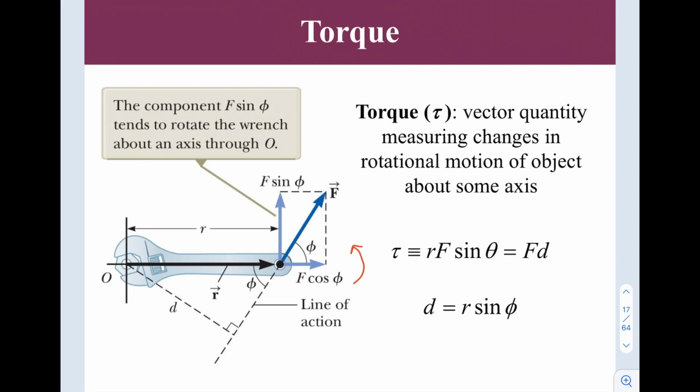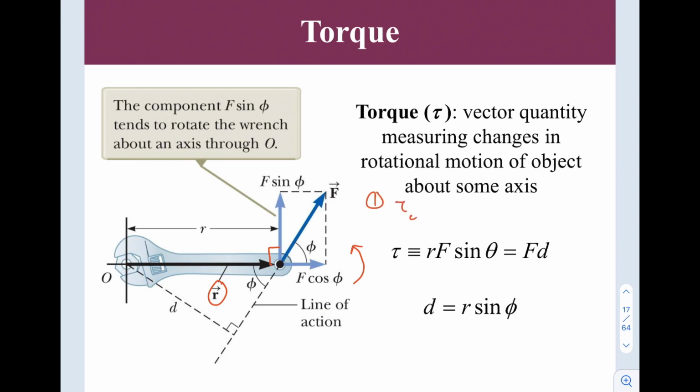To calculate the torque produced by the F applied to the wrench, you actually have two methods. Either you resolve the F into its components and find the perpendicular distance to the F, which is this R here. This is the perpendicular distance.